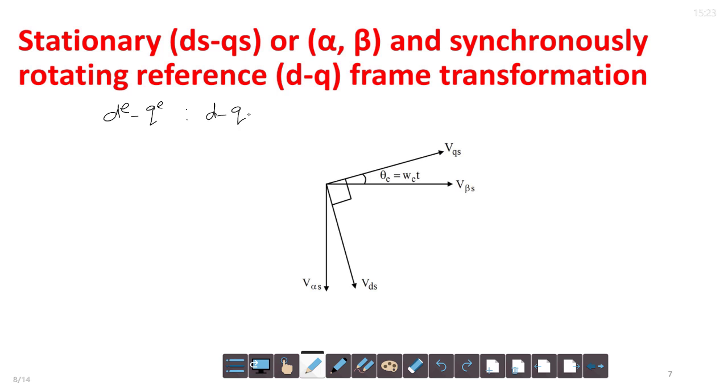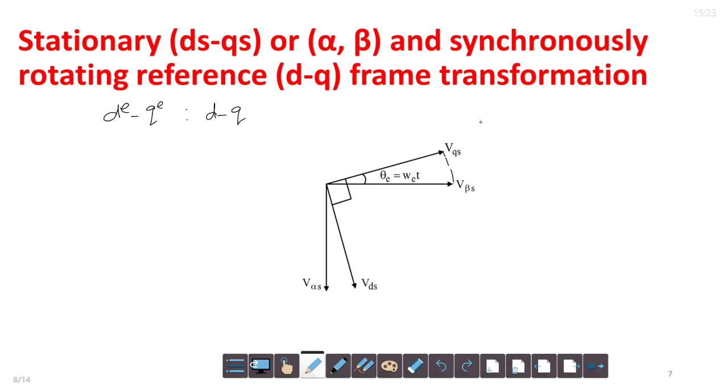VQ and VD are shown at 90 degrees to each other, and VQS, VDS are the voltages. The beta axis is at theta degree with the Q axis. So, V beta S is making angle theta with VQS, and V alpha S is making angle theta with VDS. From this reference we can get VQS and VDS from V beta S and V alpha S by resolving the components.